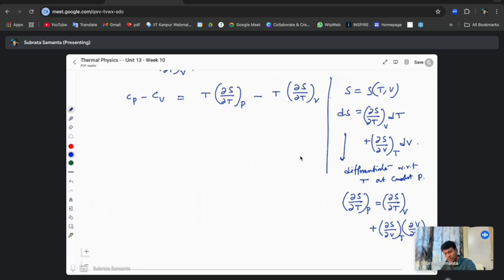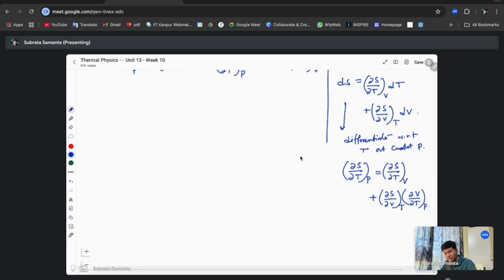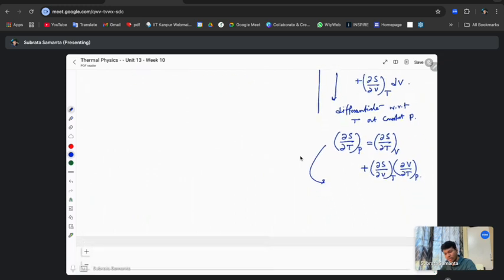Now if you multiply by T, T times del S del T at constant pressure minus T times del S del T at constant volume equals T times del S del V at constant temperature times del V del T at constant pressure.